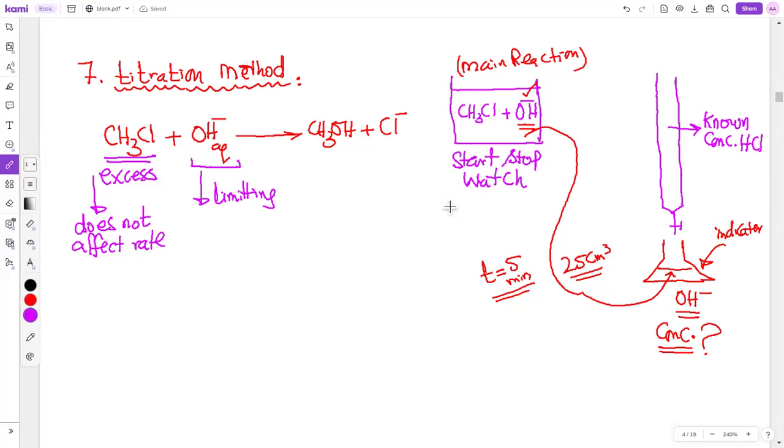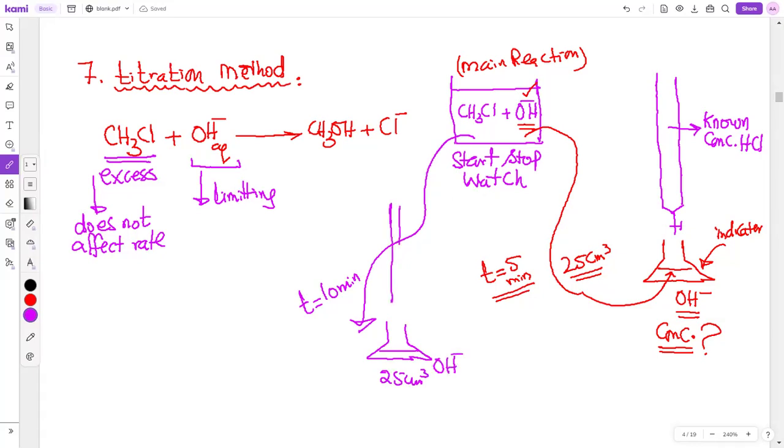Yes sir. Then I have to repeat this experiment after different time intervals. Let's say after 10 minutes, I will once again take the same volume which I took the first time, 25 cm cube. This has OH ions as well. And now I will arrange a burette here.